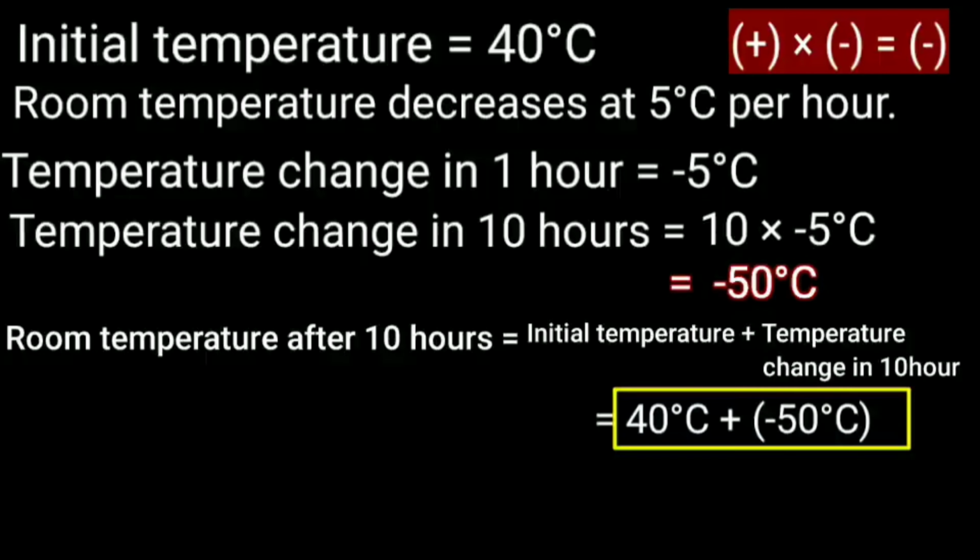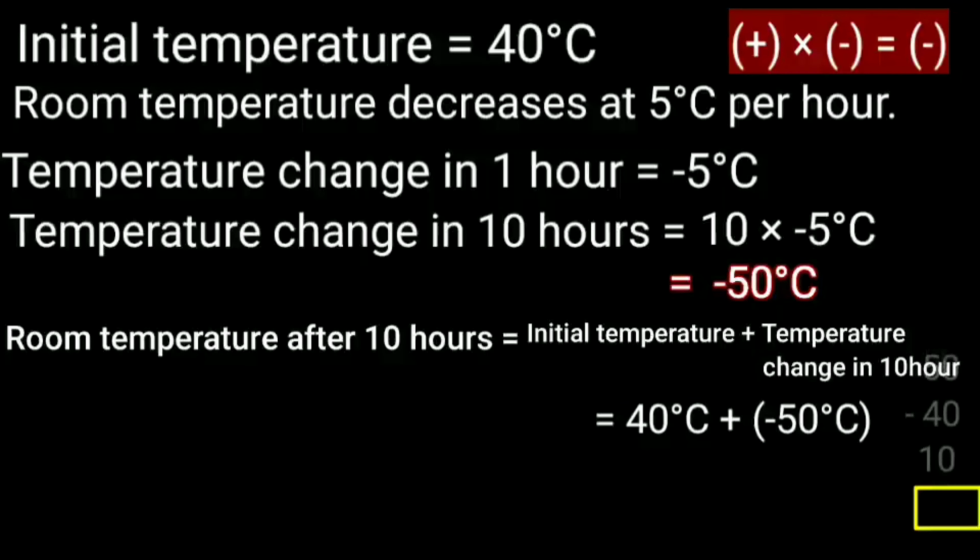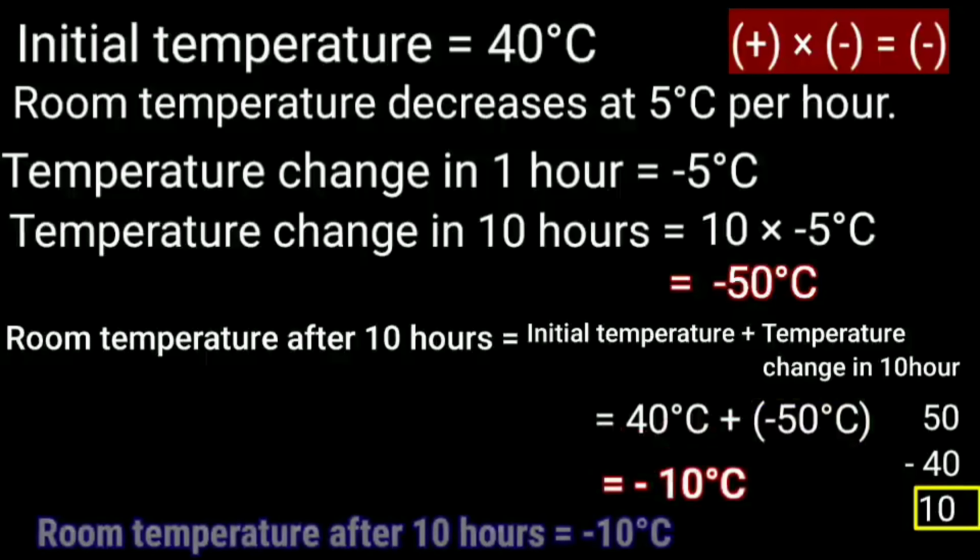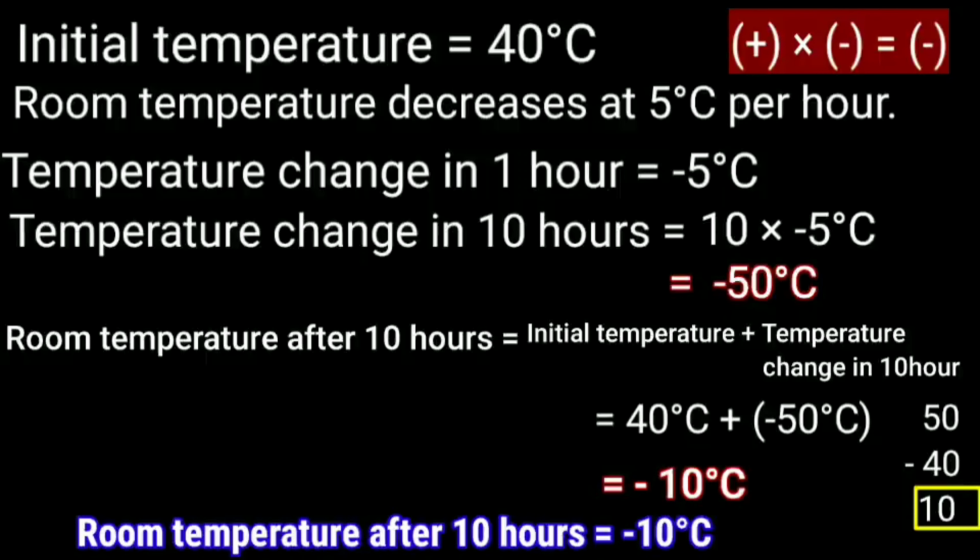Here both the numbers have different signs, so we can't add. Subtract the smaller absolute value from the greater absolute value. So 50 minus 40 is 10. Write the sign of the number with the greater absolute value, that is minus 50. So the answer is minus 10 degrees Celsius. Therefore, room temperature after 10 hours is equal to minus 10 degrees Celsius.